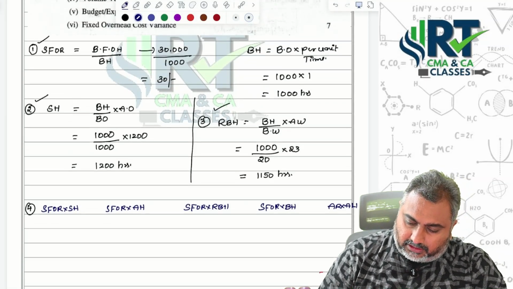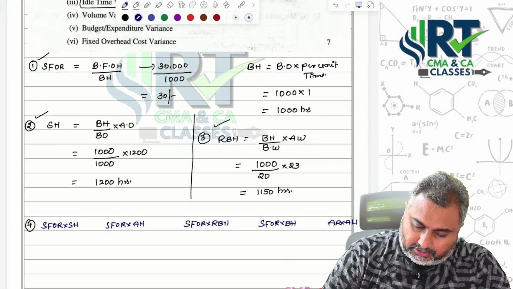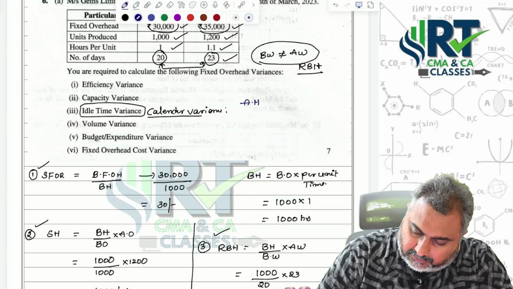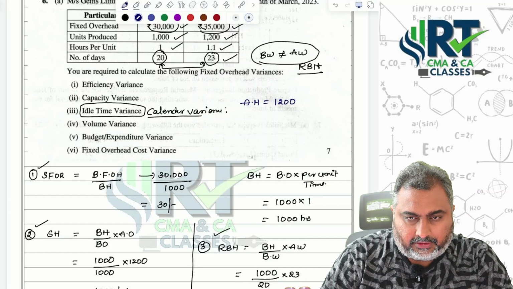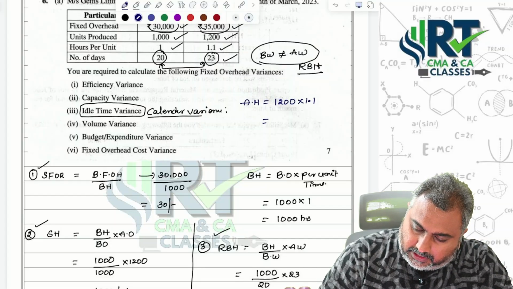Actual hours already given in the question? No, not given. So how to find out actual hours? Actual output is 1200 units. Each unit how much time required? 1.1. So 1200 into 1.1, 1320 hours we completed.